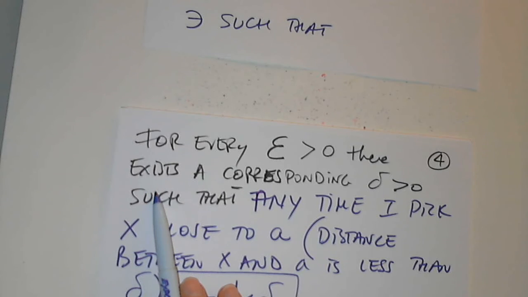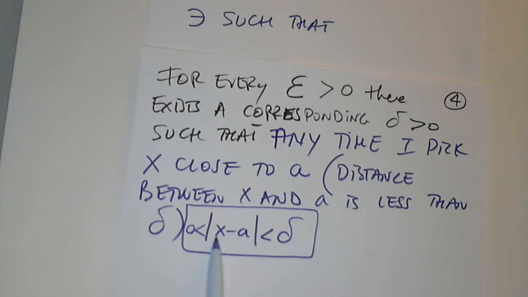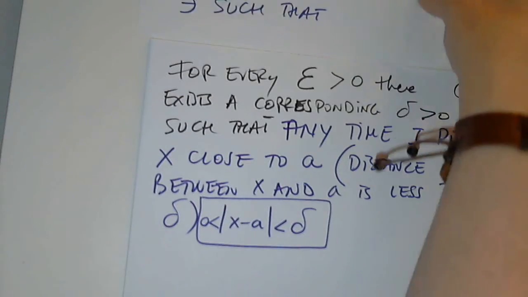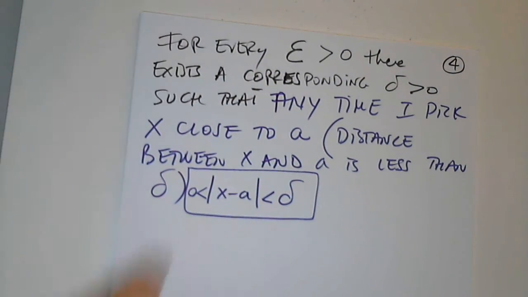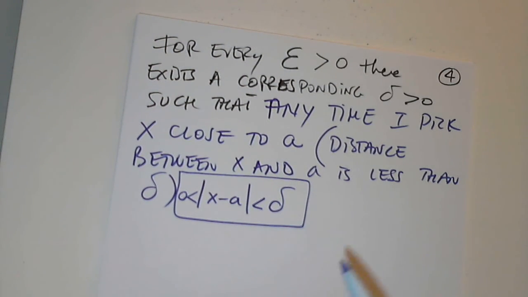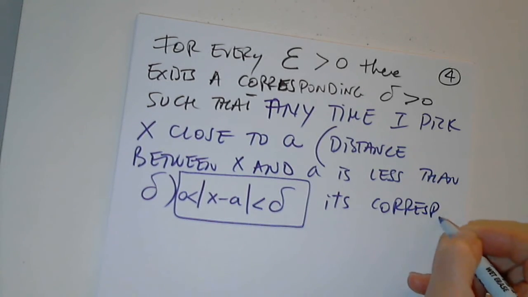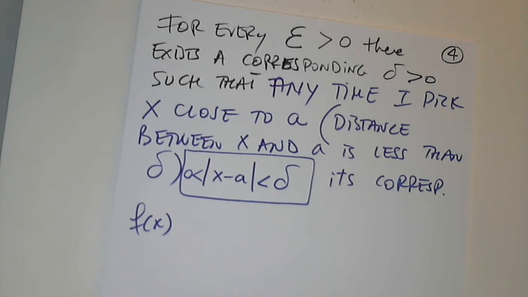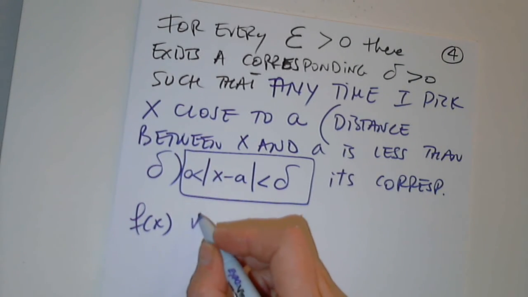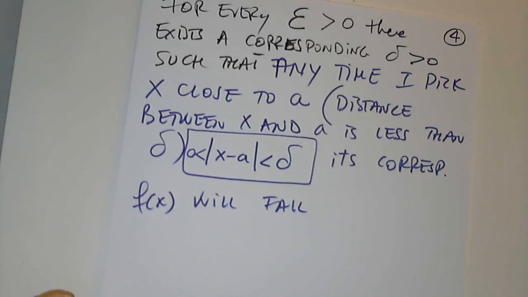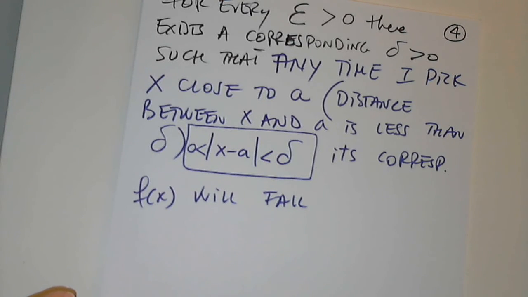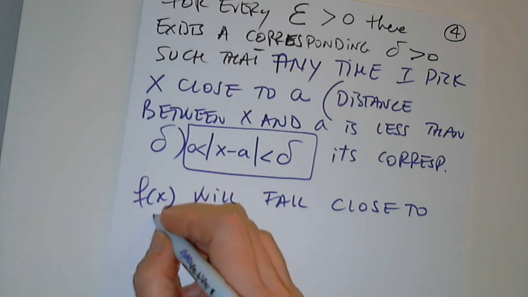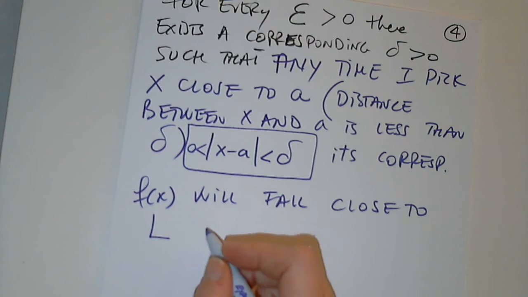For every epsilon greater than 0, there exists a corresponding delta greater than 0 such that anytime I pick x close to a, which means the distance between x and a is less than delta but greater than 0, not equal to 0, its corresponding f of x will fall close to the limit L. We use 7 here, but in general we use L. How close?